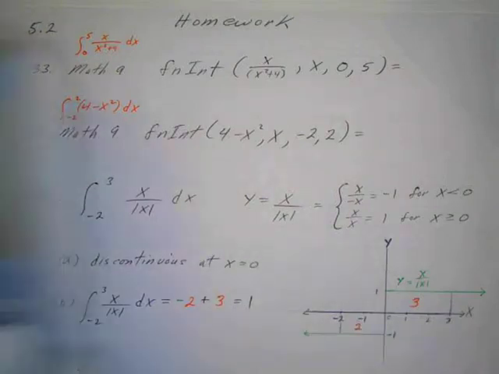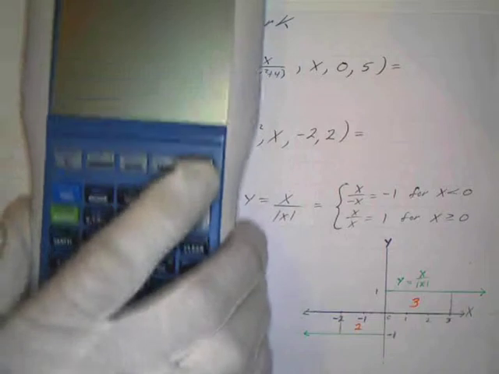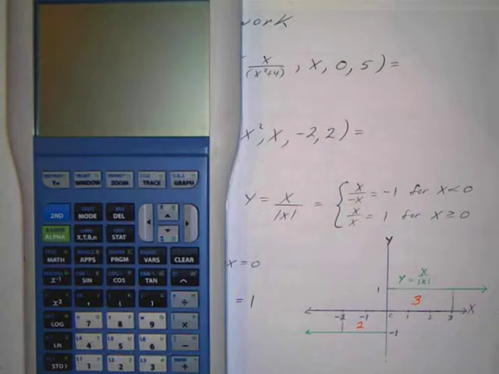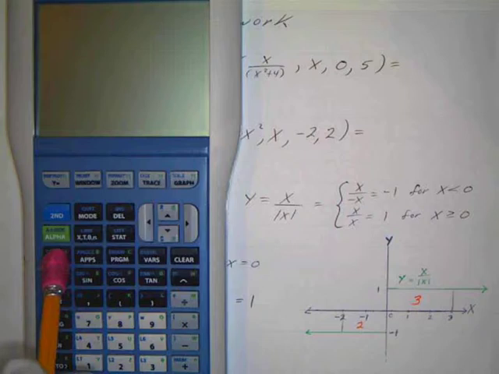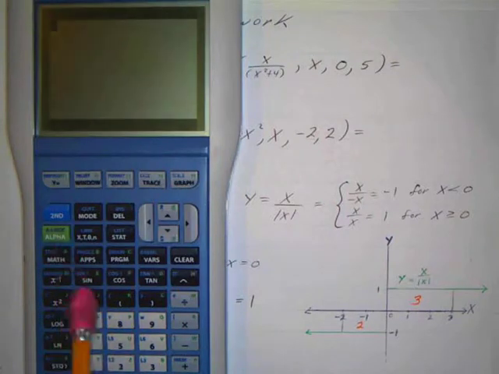We're going to use Math 9 on this. So I show you the calculator here. You'll start by hitting Math 9. Oops, got to turn it on. Okay, Math 9, and you have that fnInt. Then we're going to put the function in first.